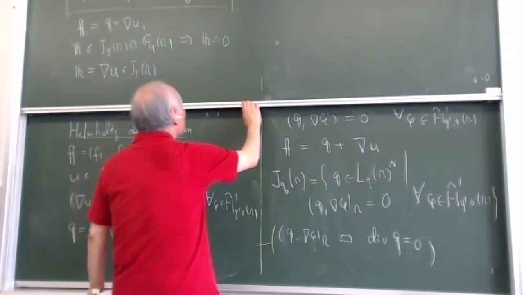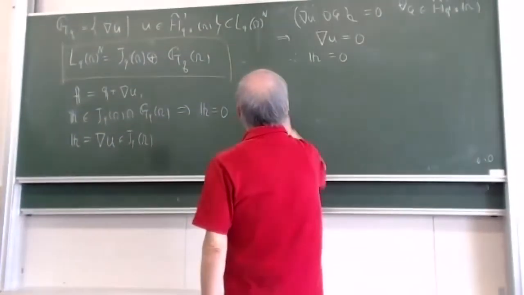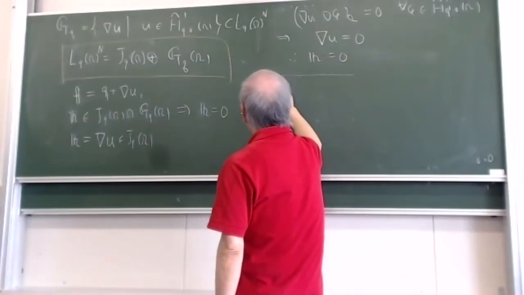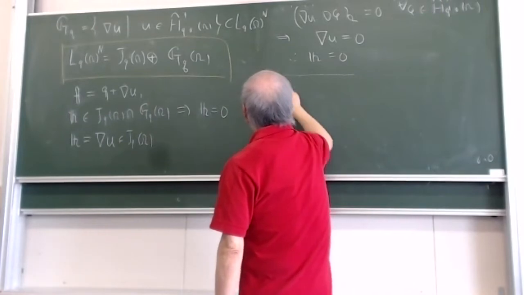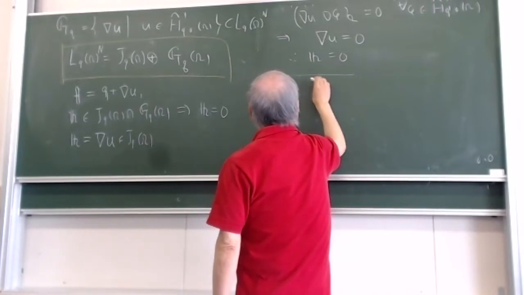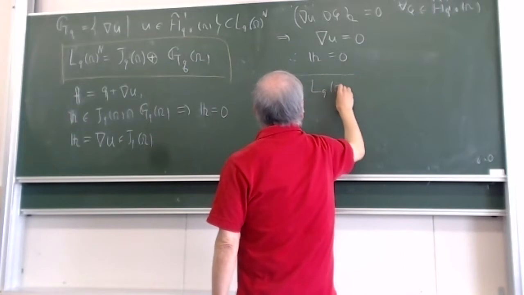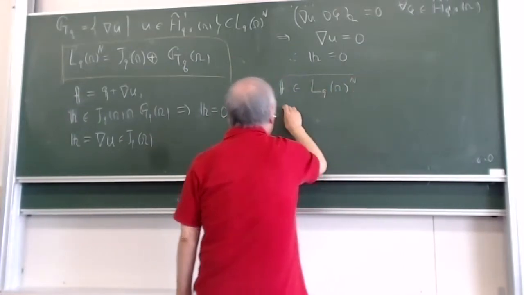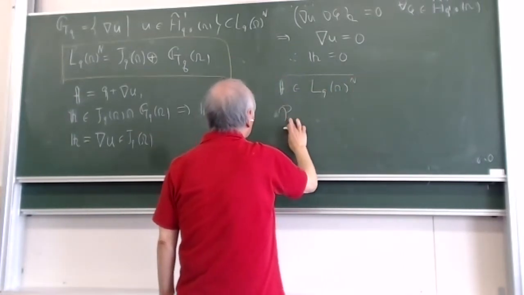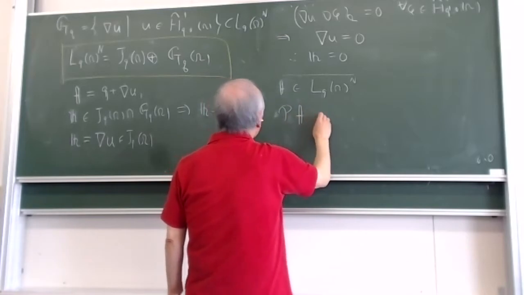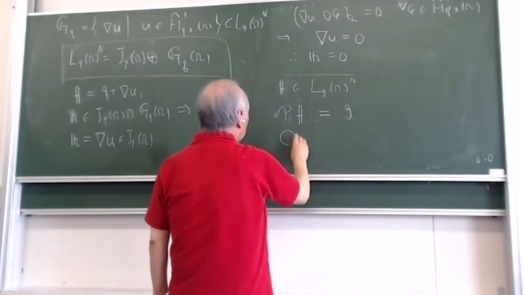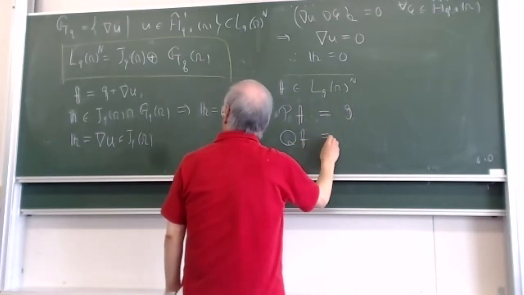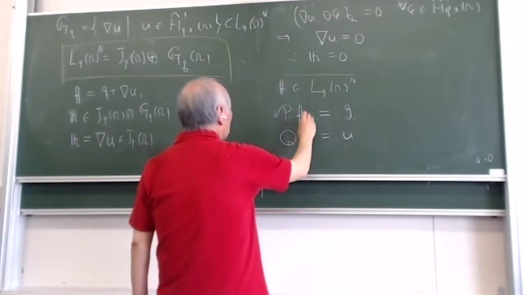So usually I want to write that for F in L^q, P is the solenoidal part and Q is the gradient part. Definition.